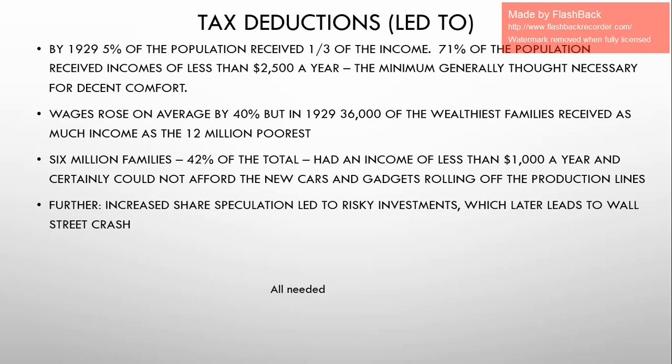So obviously we don't have a Booth and Rowntree in this country, but if you think about Rowntree's poverty line, this $2,500 figure is the one below which you'd maybe dip into poverty. But there we actually see quite a few people who are dipping into poverty, earning less than $1,000 a year, and the idea is that the cars and all the new things coming off the production lines aren't getting sold to them because they can't afford them.